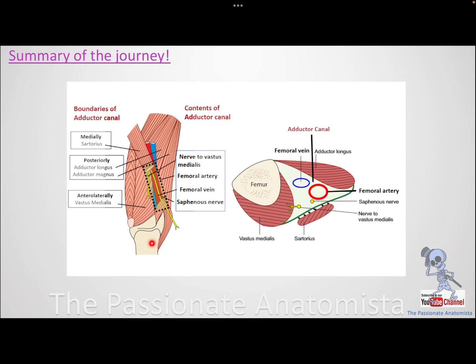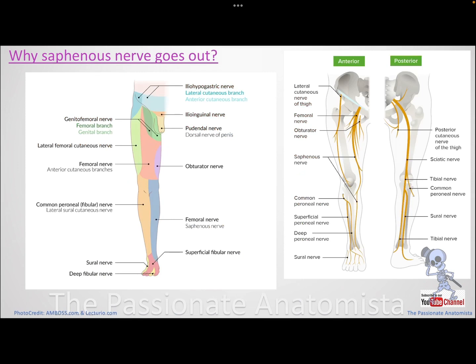So this is just nice pictures about the summary. Just make sure you know the boundaries, and make sure you know who is running in the canal, who is coming out without going through the hiatus, and who's showing up in the popliteal fossa, and what kind of content you have in the canal, and what are the things that reach the popliteal.